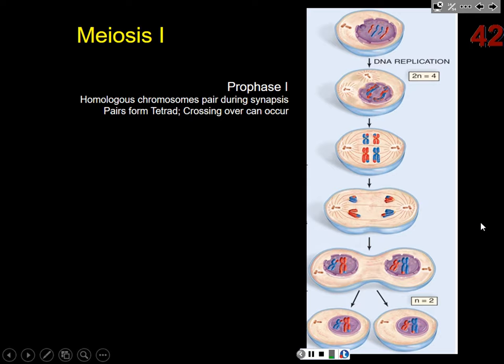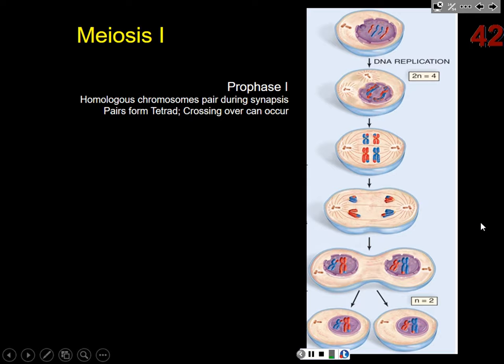Because keep in mind, what did you tell me the purpose of meiosis 1 was? Separate the homologous pairs. Guys, if you're going to separate the pairs, you've got to have them next to each other in metaphase. Okay? Because remember, those spindle fibers are going to pull toward the centrioles.